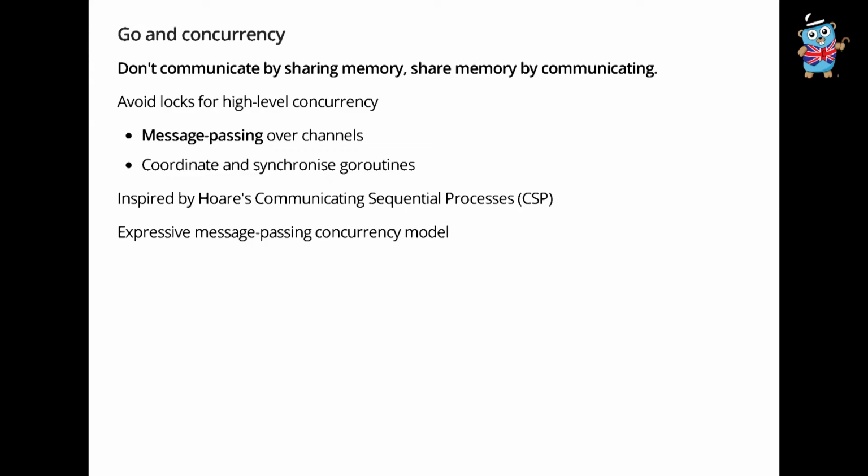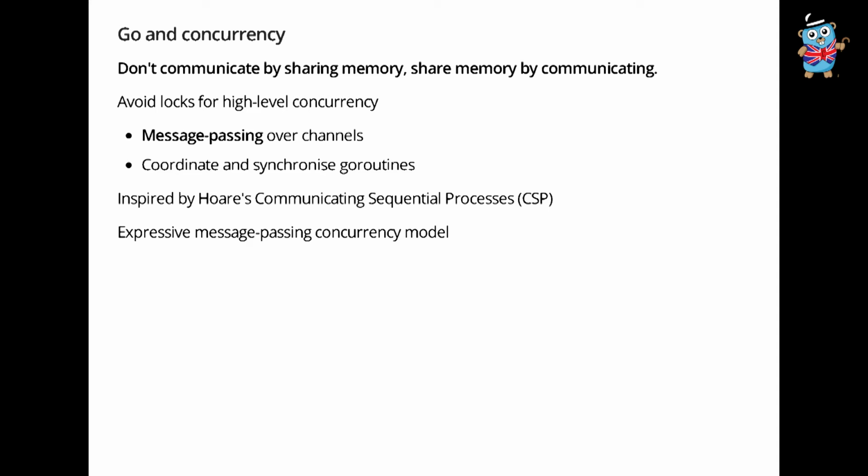So let's start with Go and concurrency. Go is a very interesting programming language, and it's got a very unique approach towards concurrency. Don't communicate by sharing memory. Share memory by communicating. Who has heard this before? Very good. I see most of the hands up.